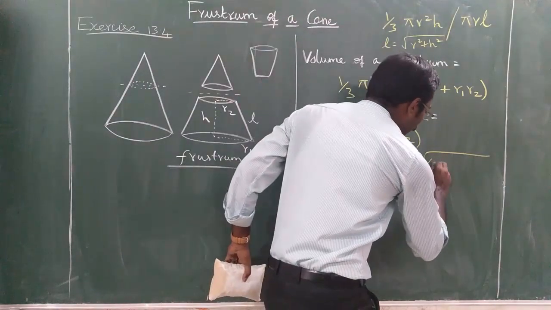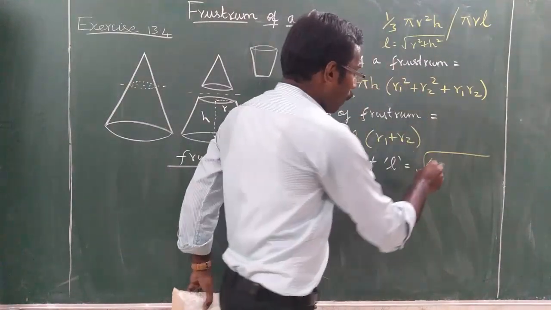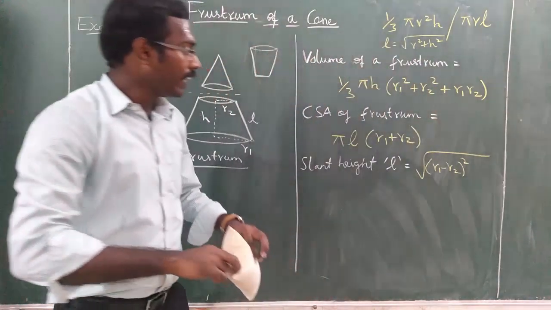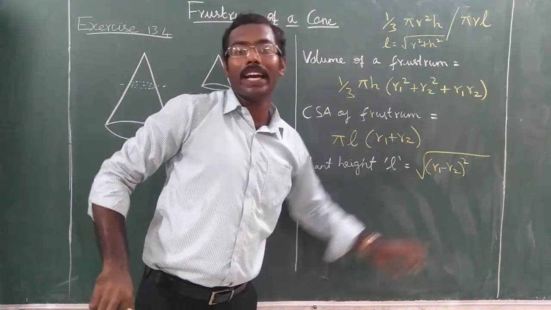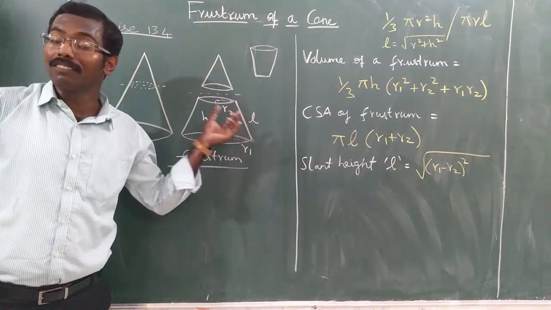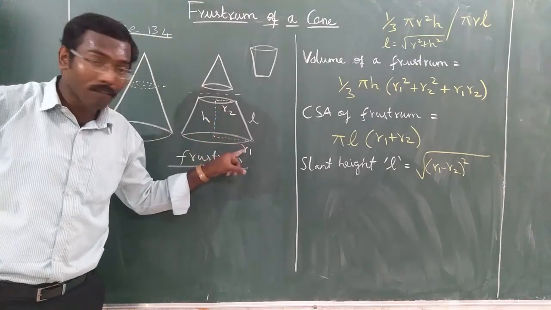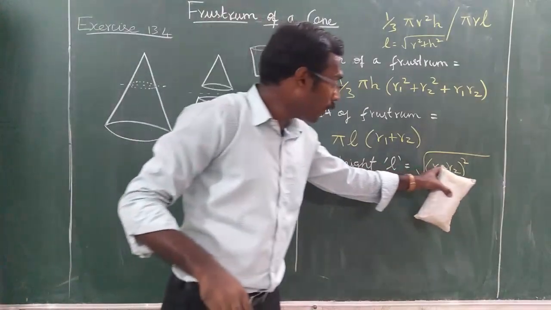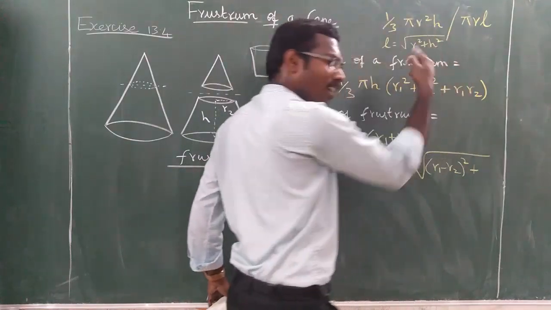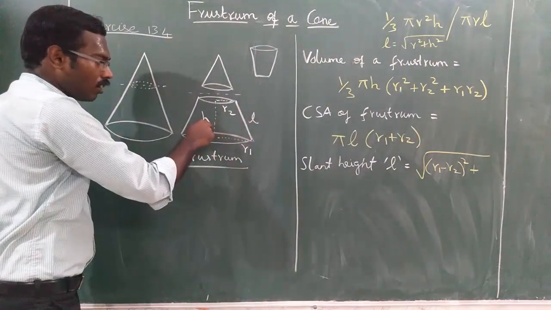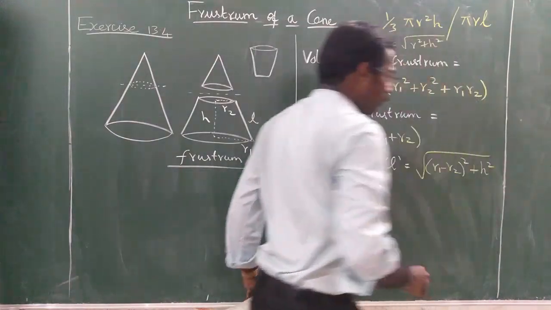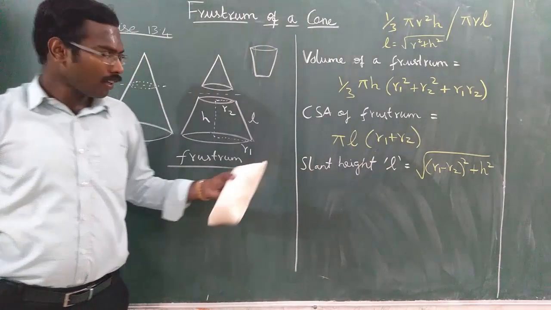So it is big radius r1 minus r2 whole square. Understood or not? Here we wrote plus, but here minus, because there are two radii, and we have to subtract the small radius from the big radius. So r1 minus r2 the whole square plus h square, here also h. Is it clear? That's all.